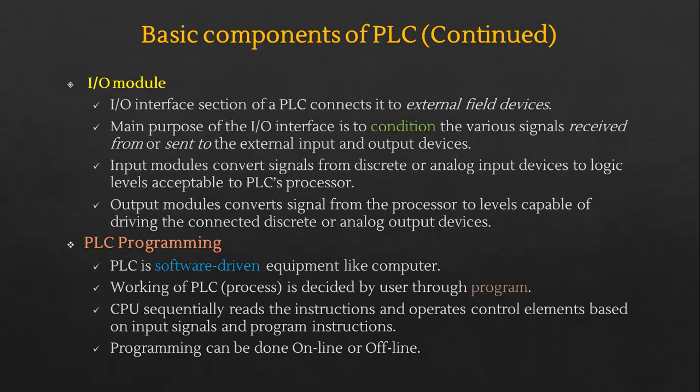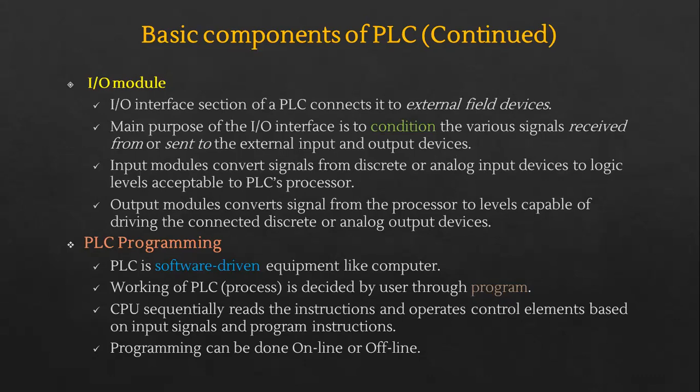So you have to condition the signals coming from the input side so that the CPU of the PLC can understand them. And before being sent to the output devices, you have to condition the signal so that it is compatible with the output device we are using. So you require that interface for that conditioning to be done.